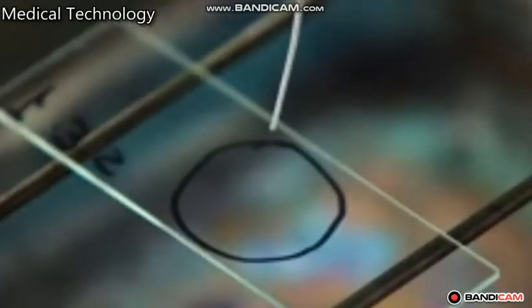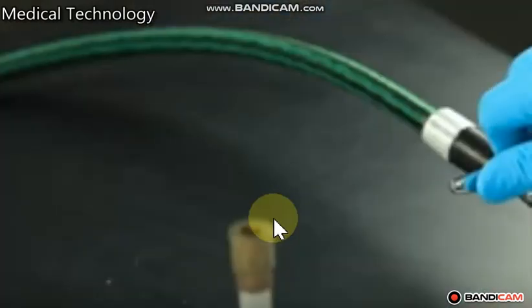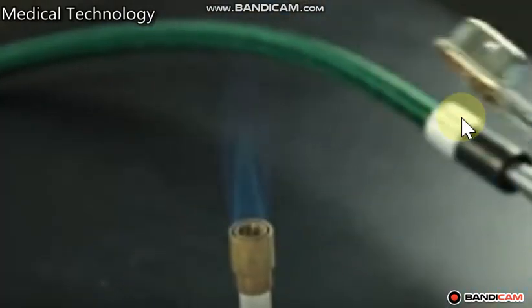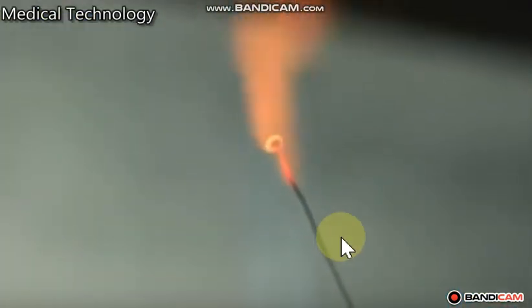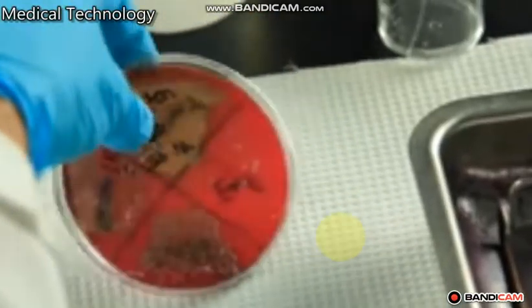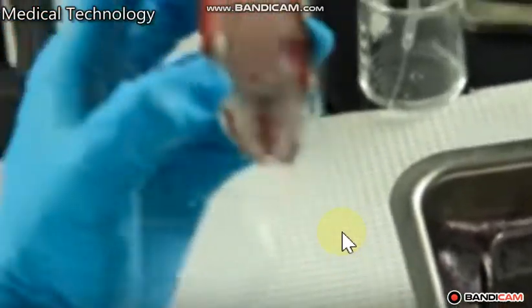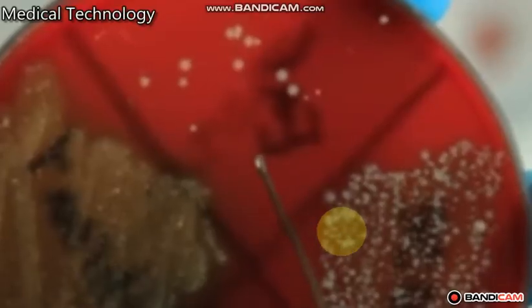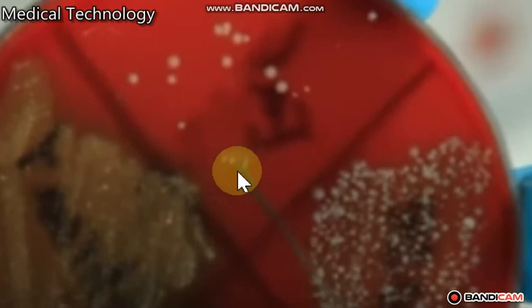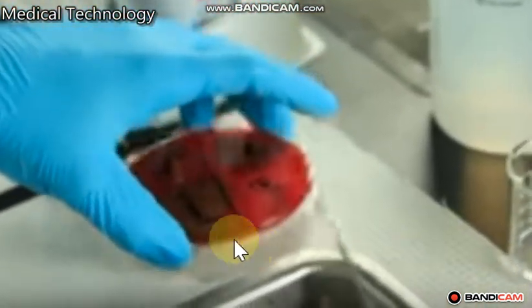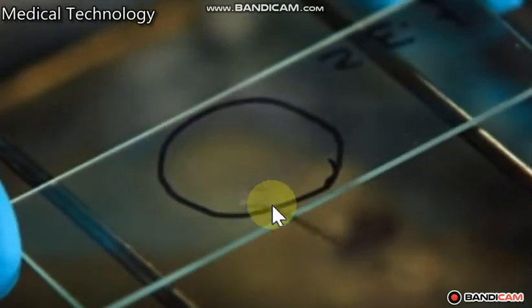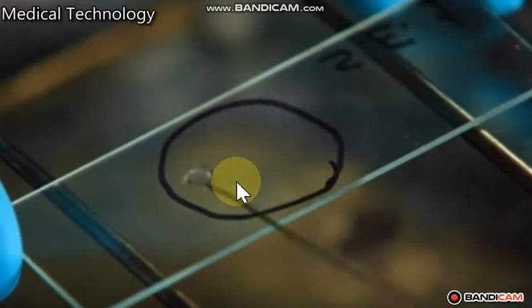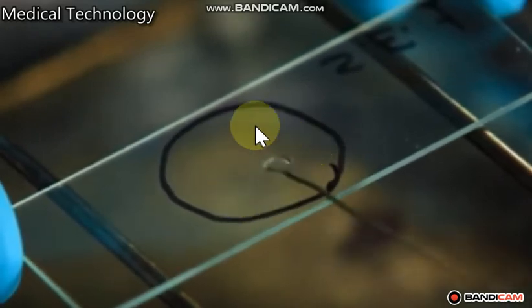Take 1 drop of distilled water by sterile loop or by Pasteur pipette, then sterilize the loop by red heat in the flame of the Bunsen burner, then cool the loop and take a piece of an isolated colony, or only one isolated colony, by the loop and mix the bacteria with the distilled water gently without touching the edge of the slide.